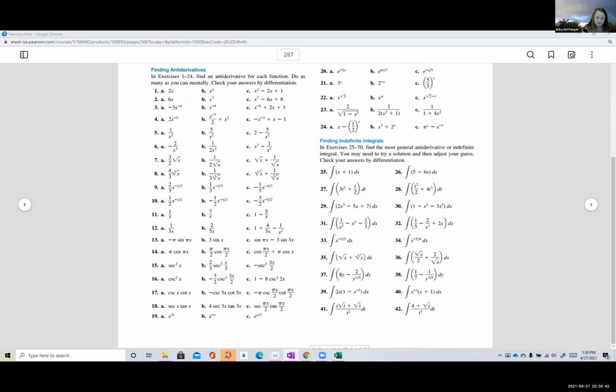So let's call this g. The antiderivative of x squared, we talked about this before. We need to get back an x squared when we take the derivative, so I need one higher for my exponent. If I took the derivative of just x cubed, I'd have 3x squared, and I don't want a 3 in front of my x squared.